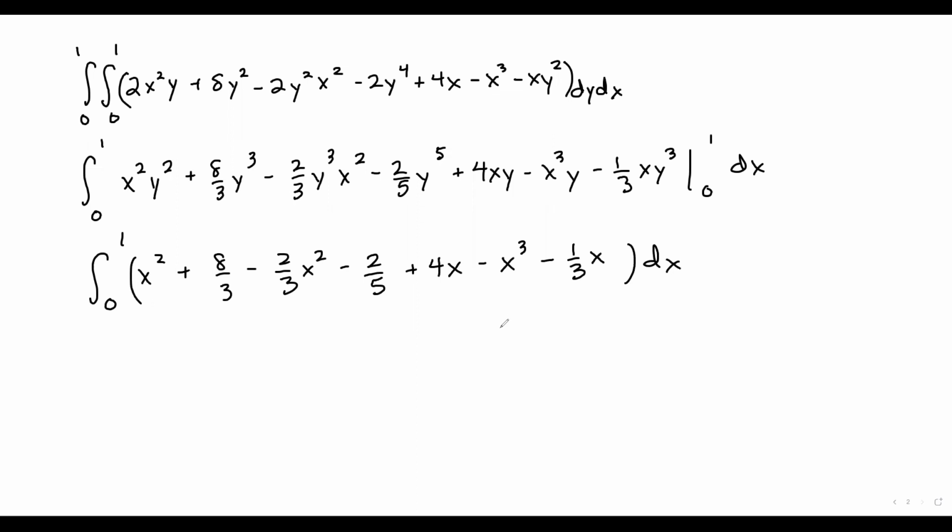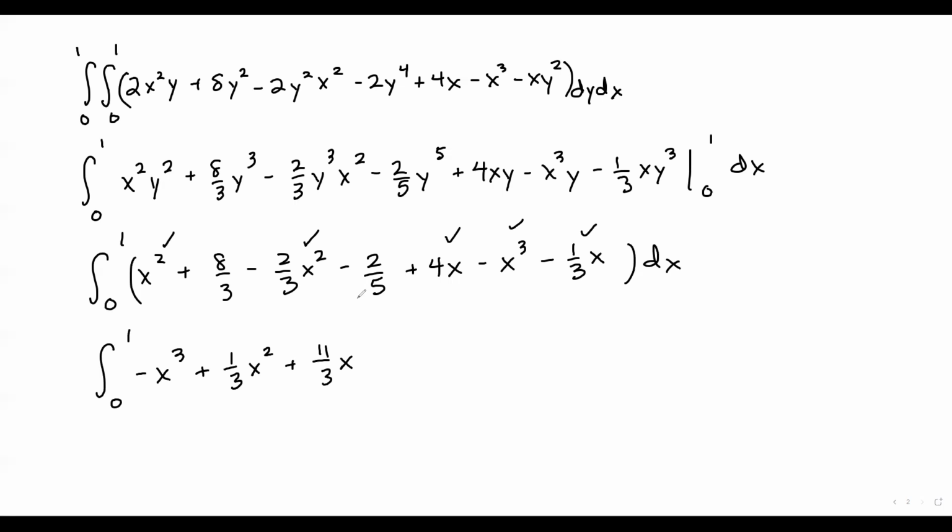Anything simplify this time? It looks like yes. 0 to 1, we've got negative x cubed, x squared and negative 2/3 x squared is going to be 1/3 x squared. We've got 4x minus 1/3 x, so that would be 12/3 minus 1/3. We get 11/3 x.